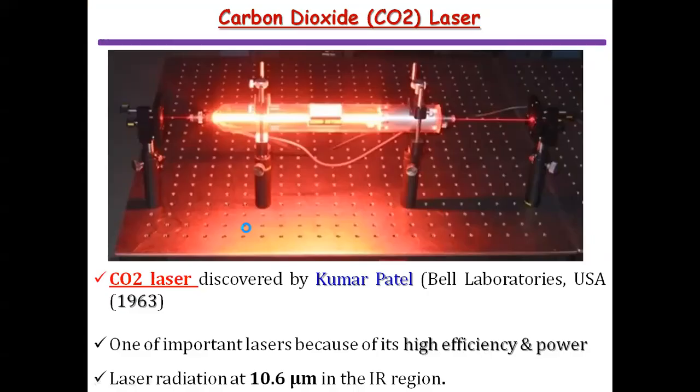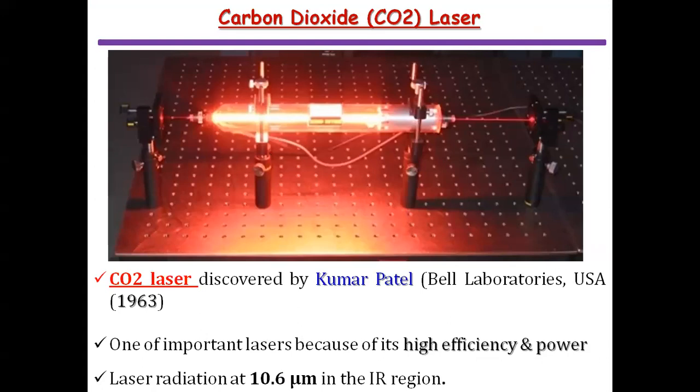But you have to understand this carbon dioxide laser is not a visible laser. This is an IR diagram of the carbon dioxide laser. It is actually radiated in the IR region. The laser has a wavelength of 10.6 micrometer, that is almost 10,000 angstrom. 10,000 angstrom means it is not visible light.